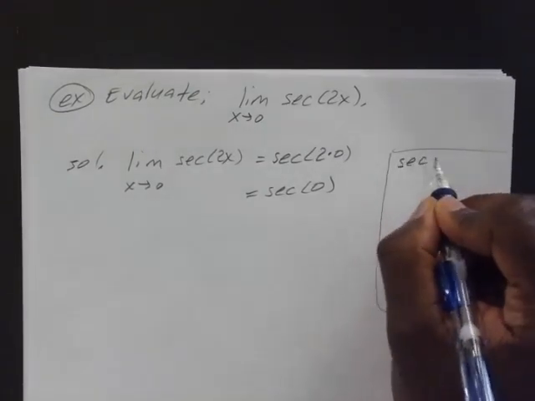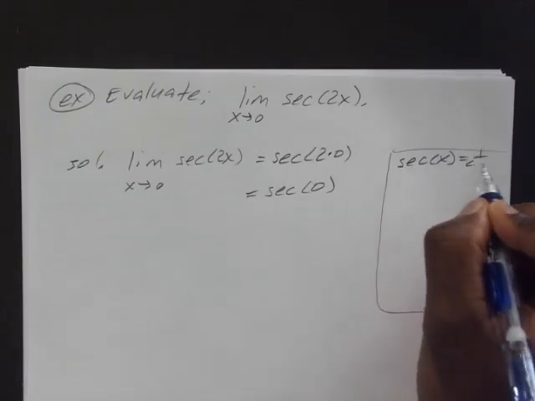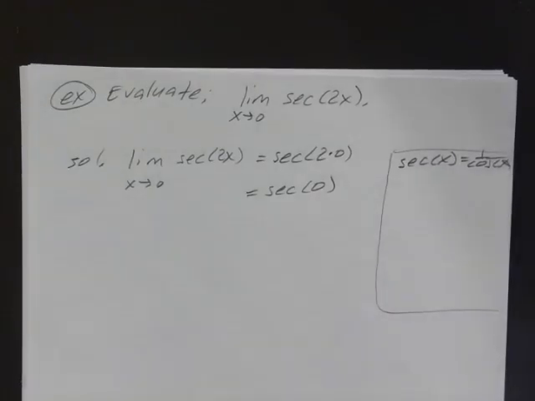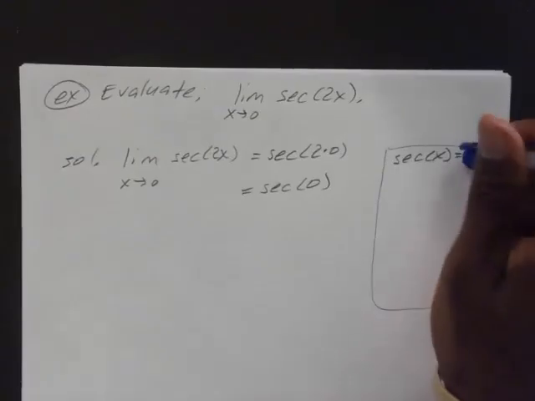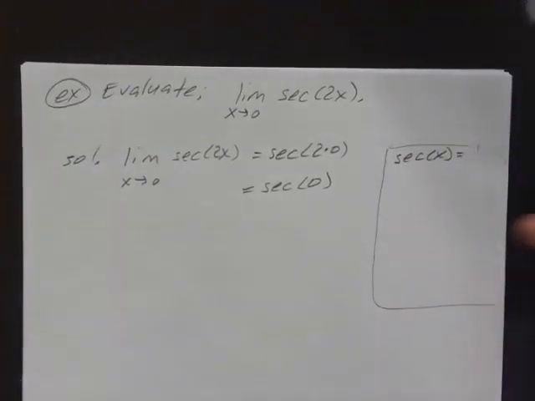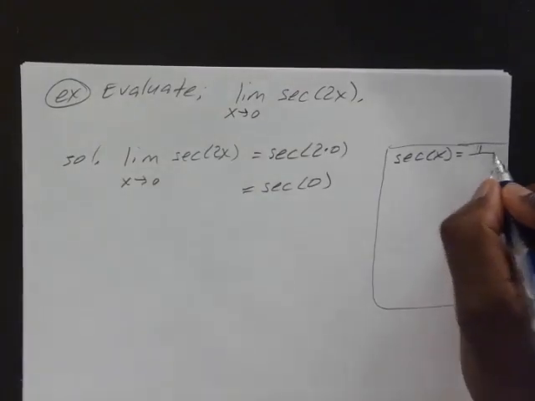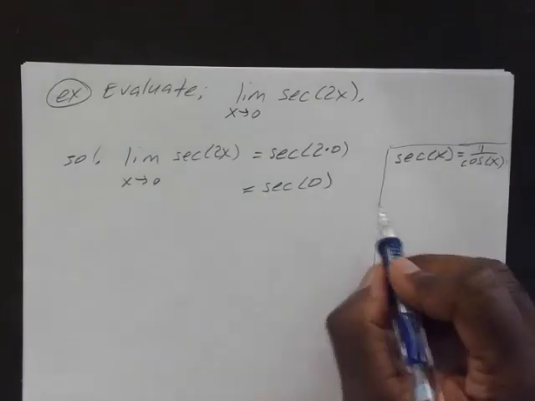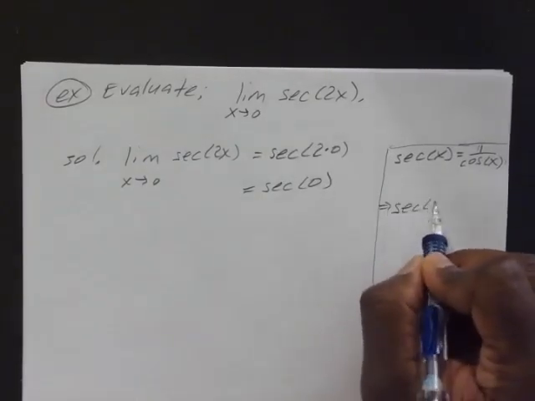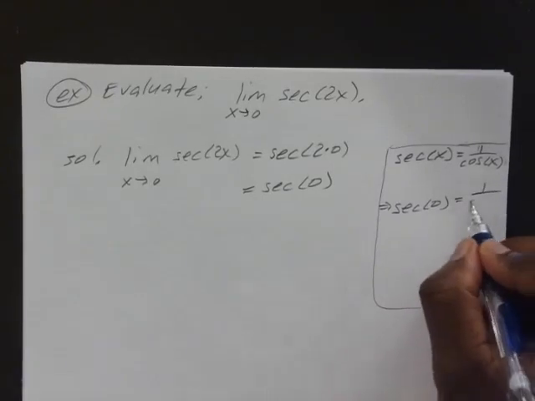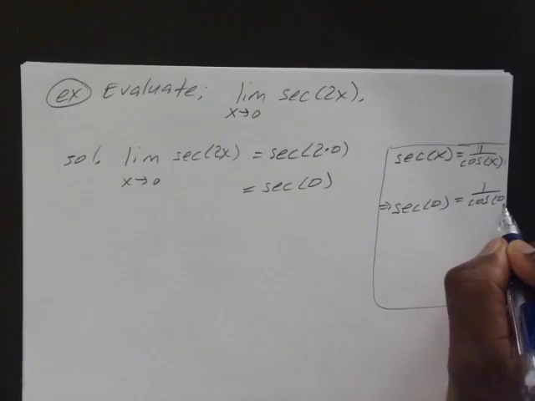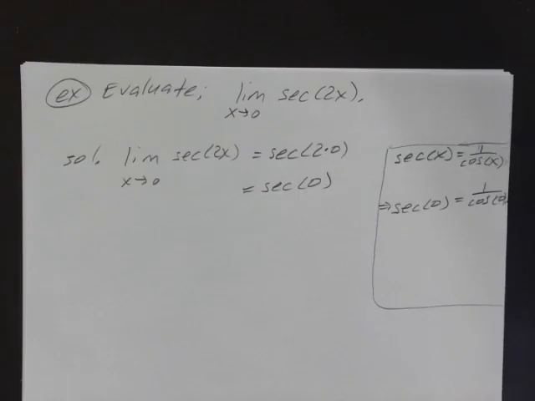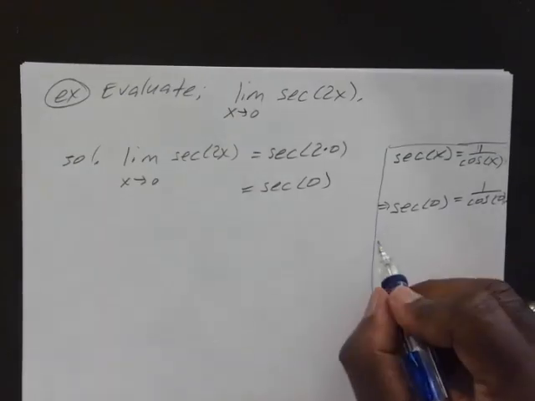Now with secant of 0, we know that secant of x is 1 over cosine of x. Let me make that a little clearer. Here we go. So that means secant of 0 is 1 over cosine of 0. Cosine of 0 is just 1.